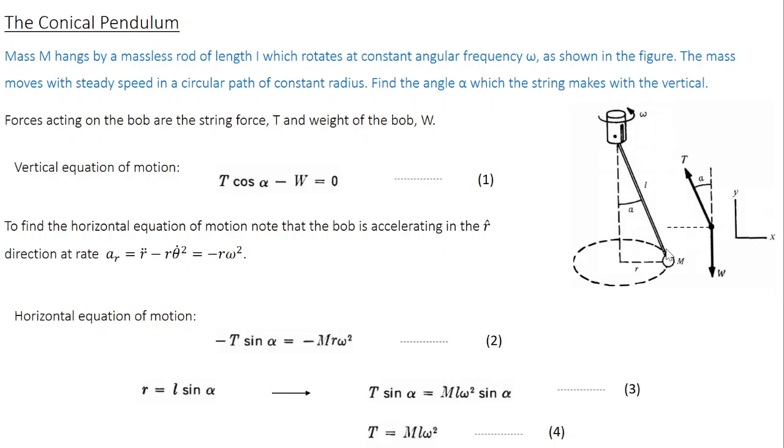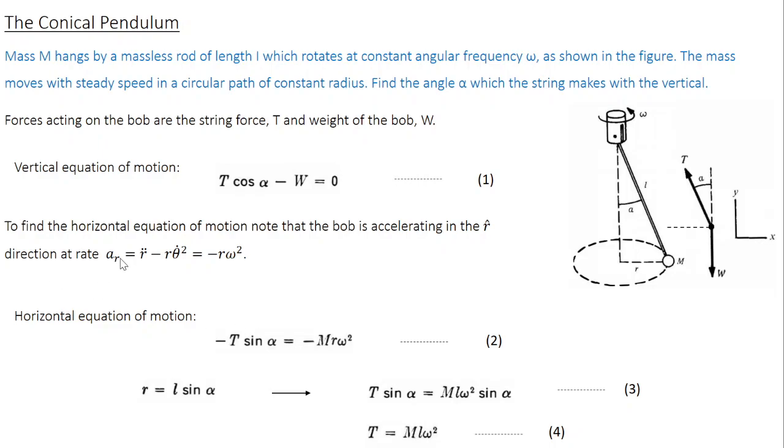So even if I write the tangential equation of motion, that is going to be trivial. I cannot get any useful information from that. So I'm going to write down only the radial equation of motion here. As I said earlier, I have T sin alpha acting towards the center, and by convention this is taken as negative. So minus T sin alpha equal to m a_r.